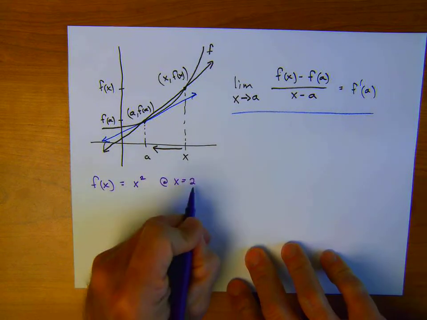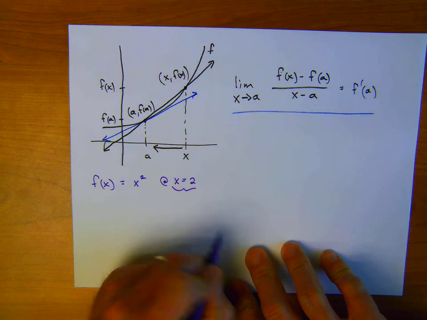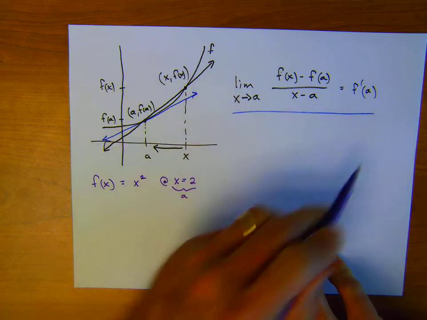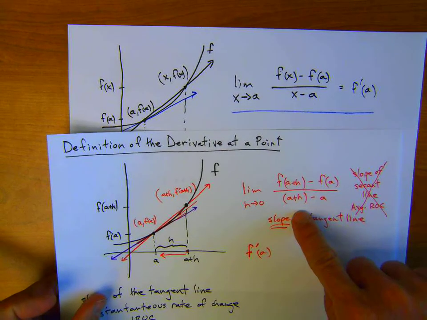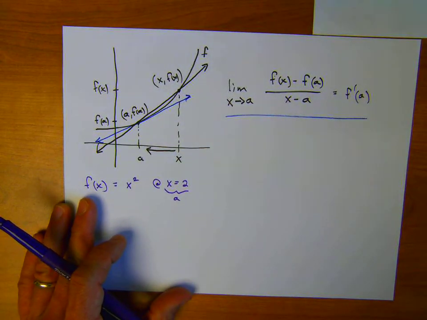So when we give x a specific value, then this is our a in these formulas. I'm going to show you how to do this using both of these formulas, just so we can see that what we end up with is indeed equivalent.